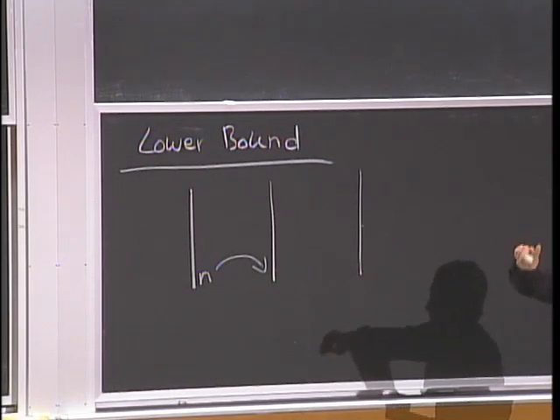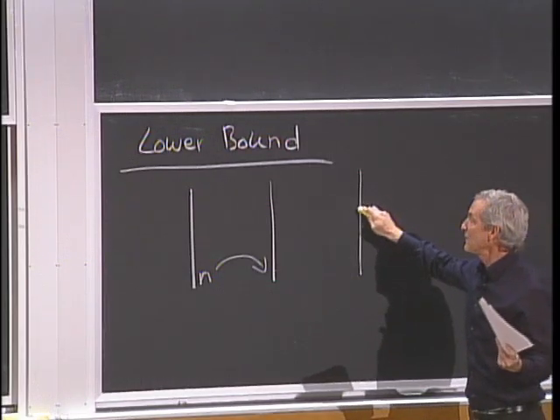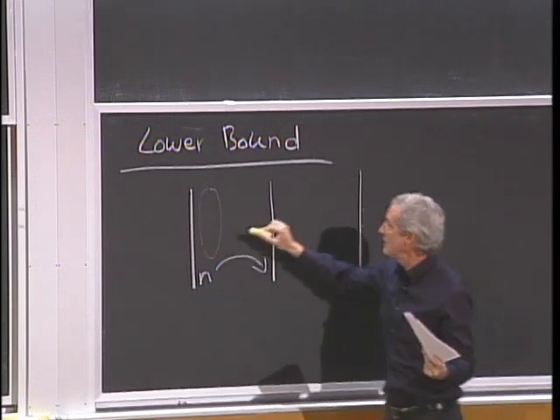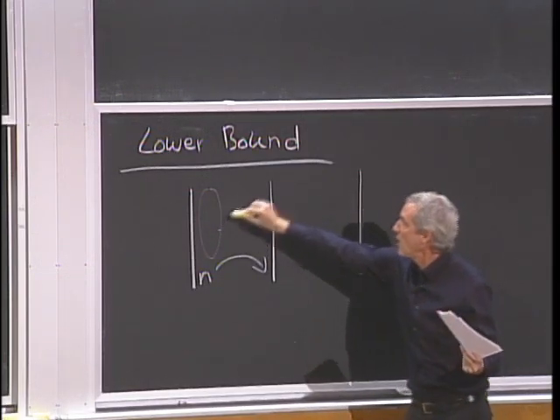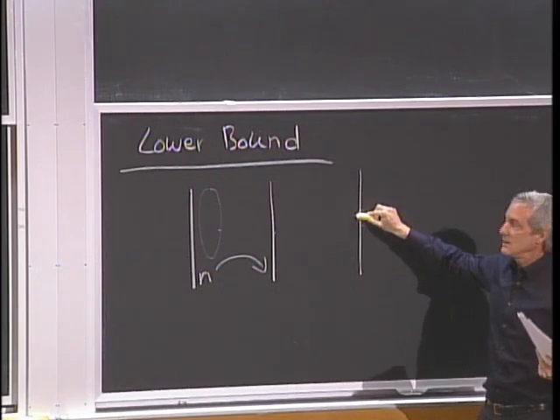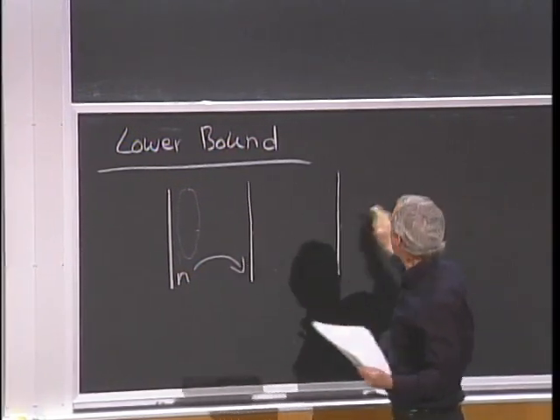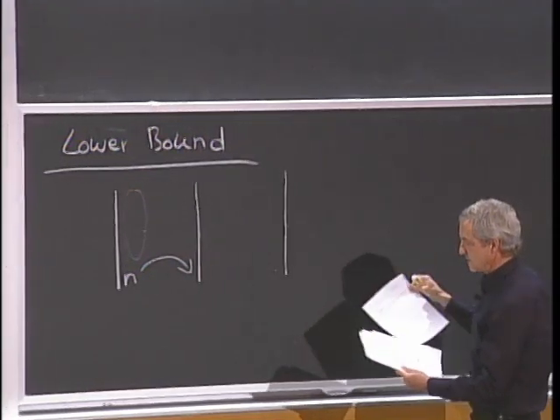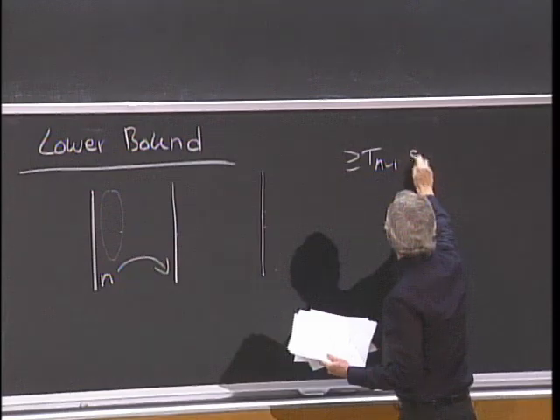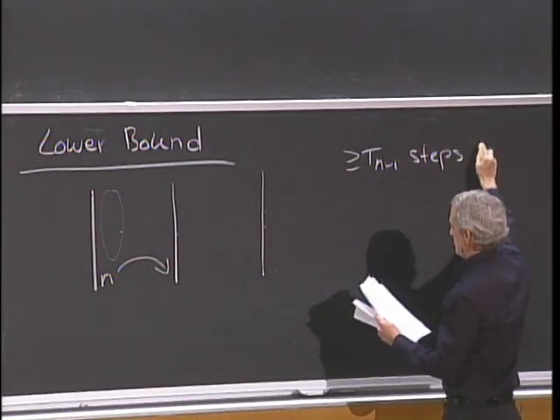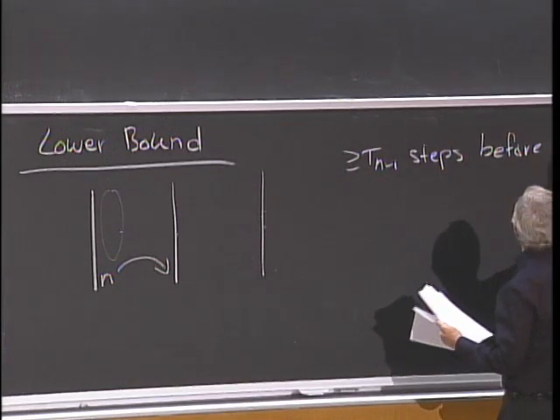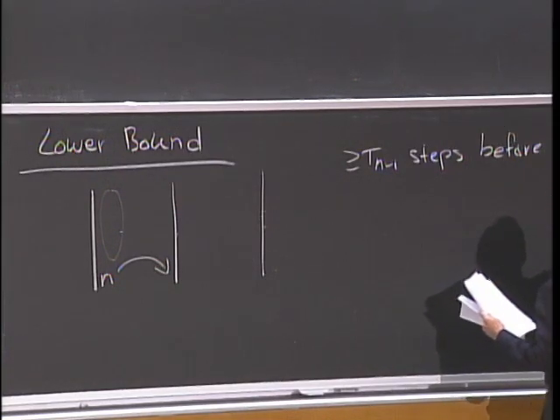Everything on top of it had to move to the other peg. I started with 1 through n minus 1 here. None of them can be here. They all have to be here. OK? So that means that I have to have had at least T of n minus 1 steps before the big disk moves.